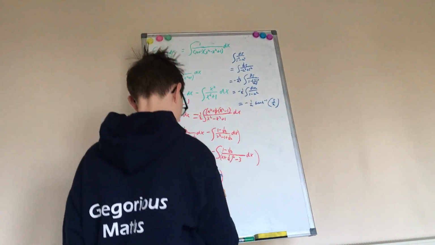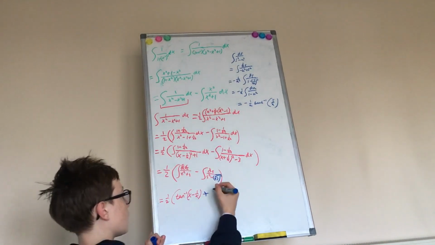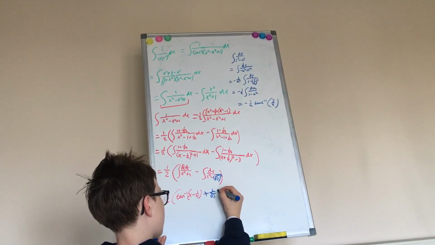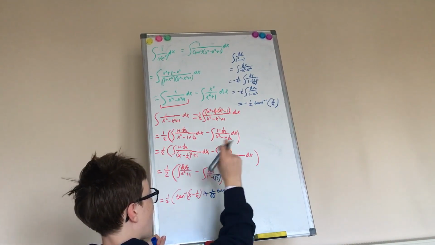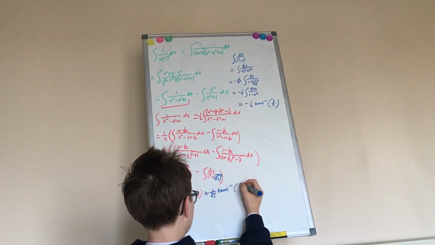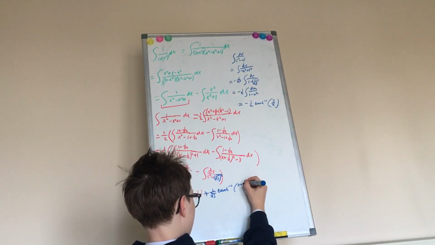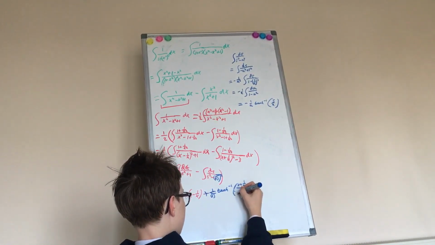So minus minus actually becomes a plus. 1 over a, 1 over square root of 3, inverse hyperbolic tangent of s over a, which is s, x plus 1 over x, over a, which is the square root of 3.